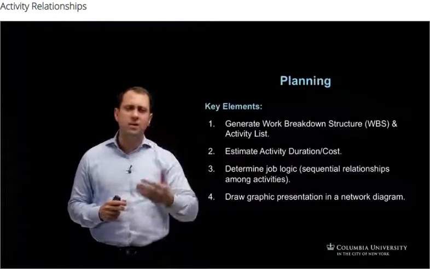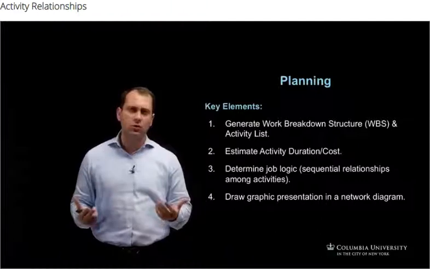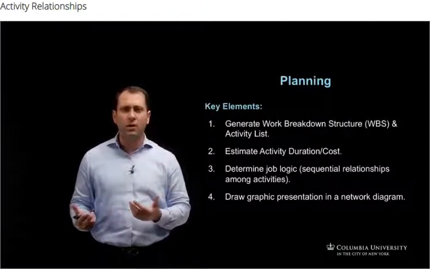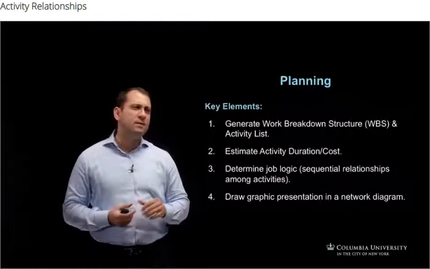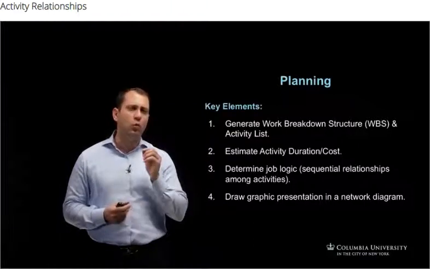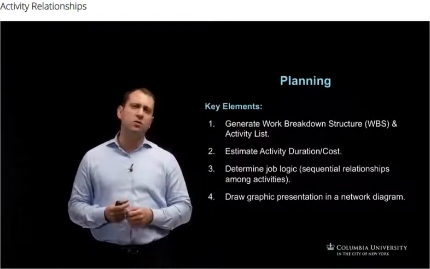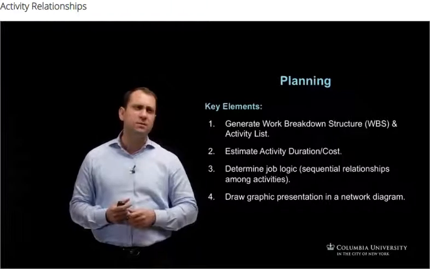We advanced on what a coding system is for our project, and then some introductory and foundation level of what a planner needs to think about when you estimate an activity duration or cost.